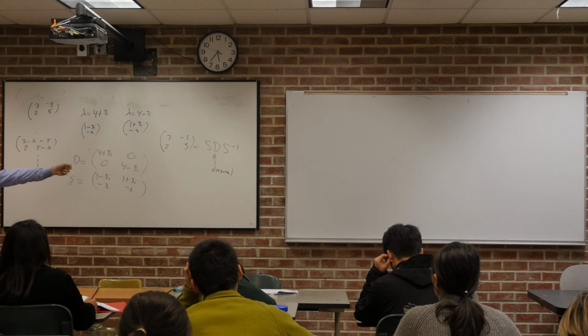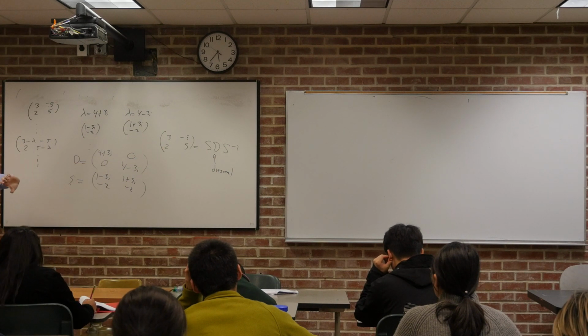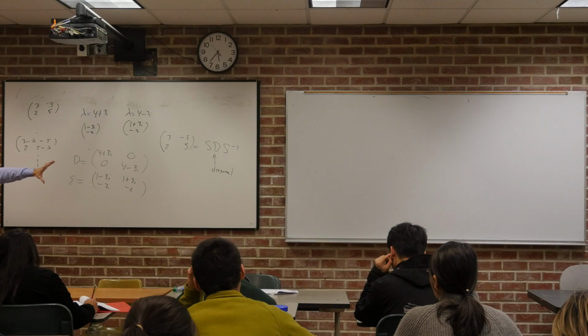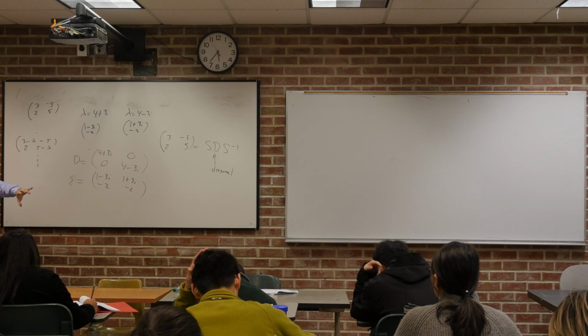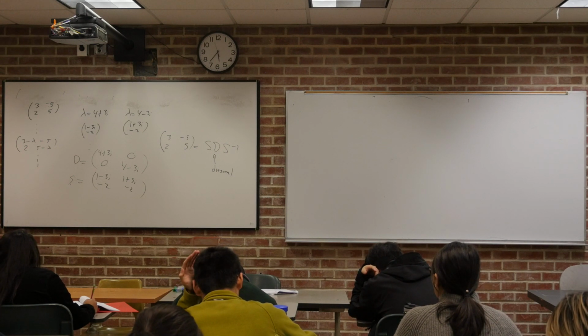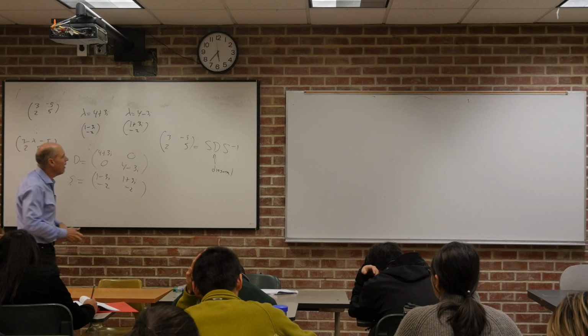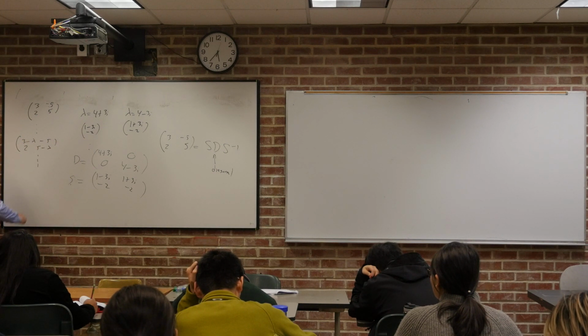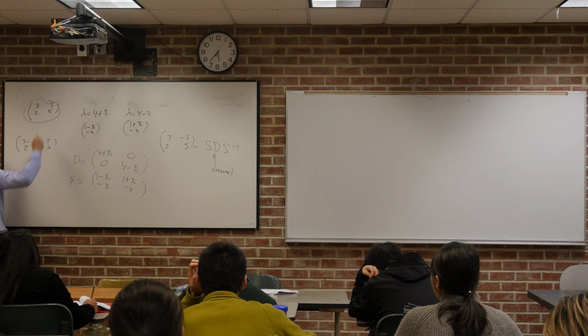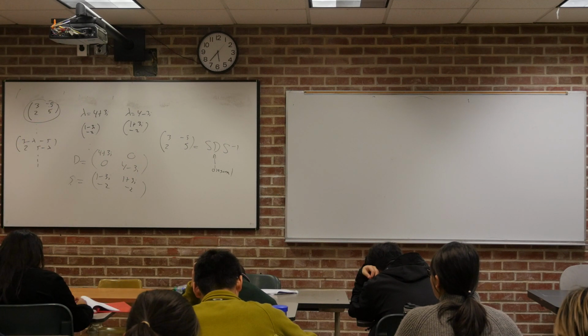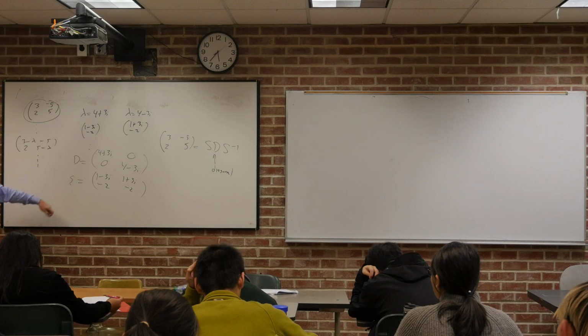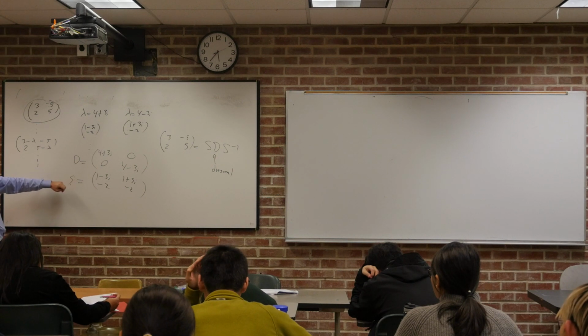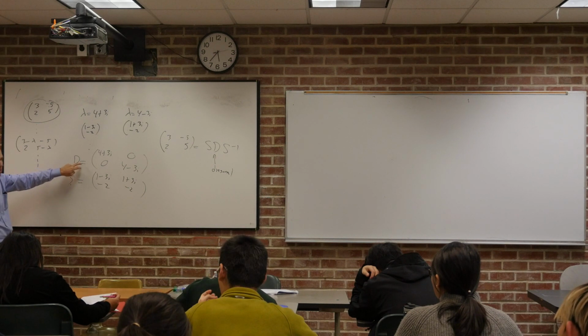So the diagonal matrix could capture the fact that both x and y increase by 10%, both x and y decrease by 10%. And what's a little bit weird about this one is we started out with the matrix just with real numbers in it. And when we do the D and the S, we end up with imaginary numbers.